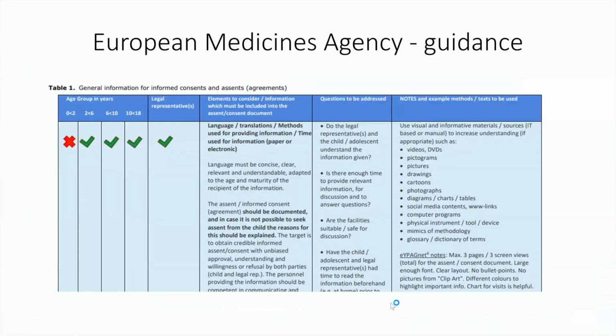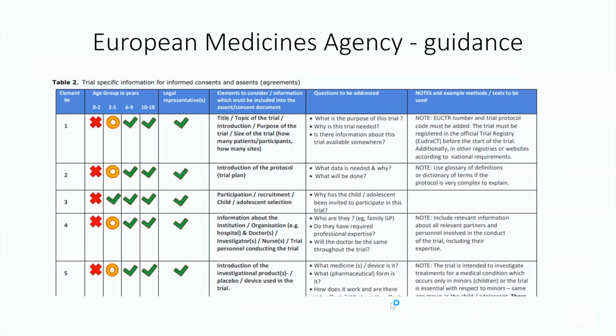So for example, depending on the age group, they provide guidance on language and translations and methods of presentation of information, or when there is trial-specific information, they also provide guidance on what should be included and in which way according to the age group of the participants.